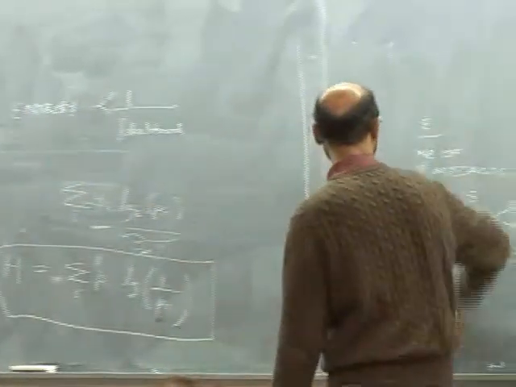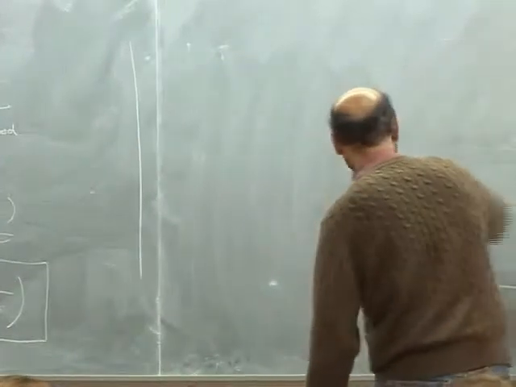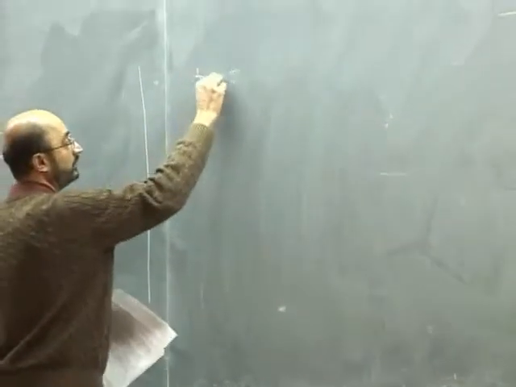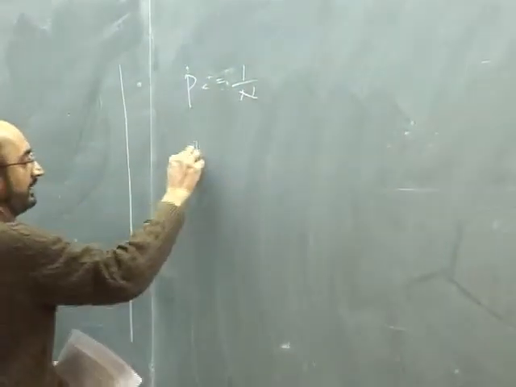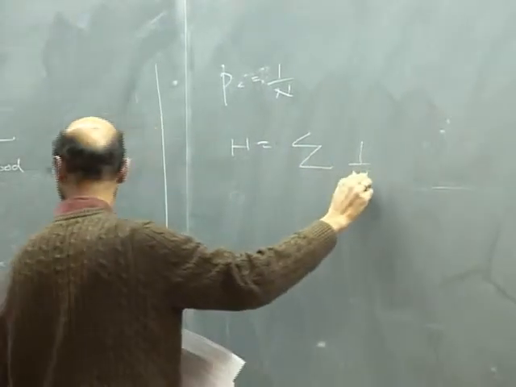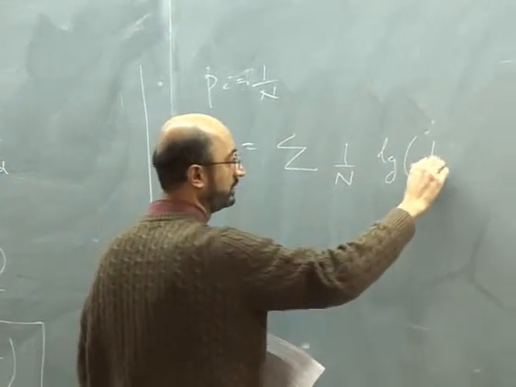That's one reason why that definition is nice: if we substitute 1 over n for p sub i, so if p sub i equals 1 over n, then H equals sigma of 1 over n times log of 1 over n.